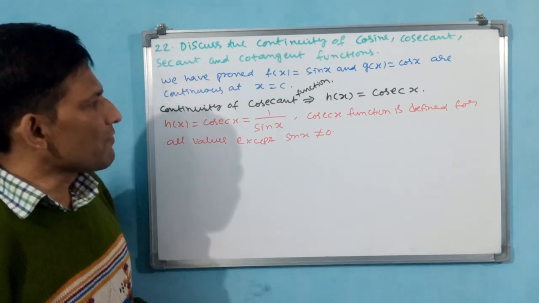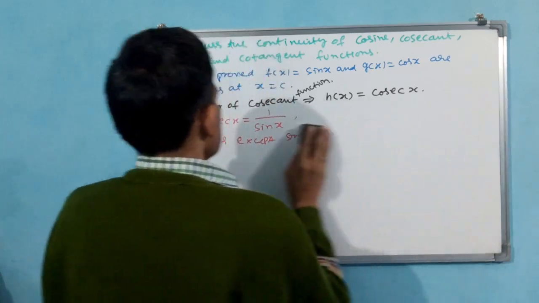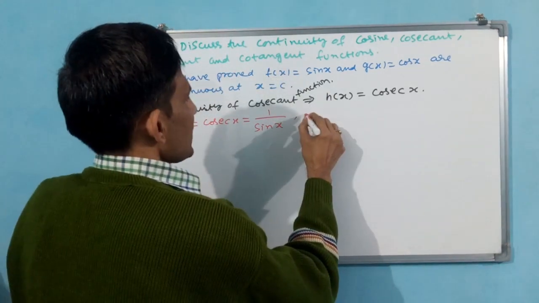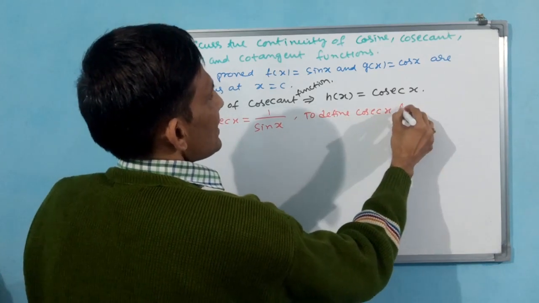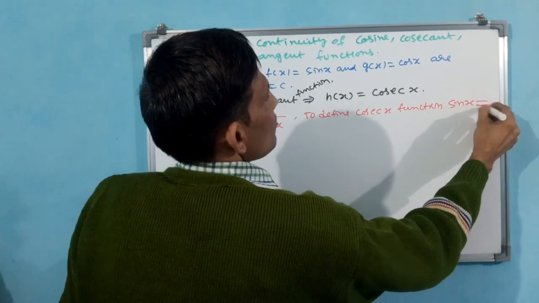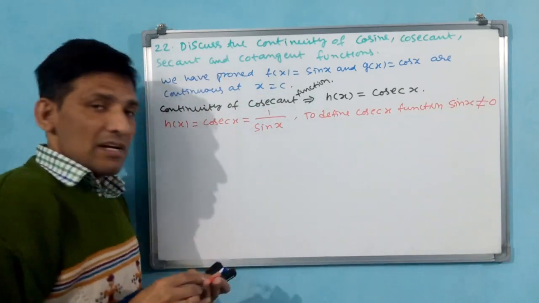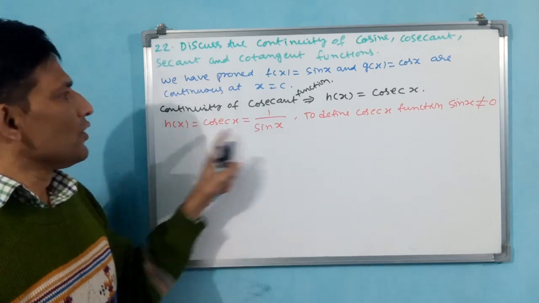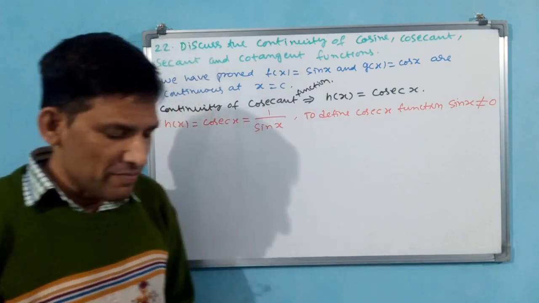Or else you can write, I am changing, you see: to define cosecant x function, sin x should not become 0. Is it correct? First you see. Why? Because if sin x becomes 0, it is going to become undefined. To define cosecant x function, sin x should not become 0.